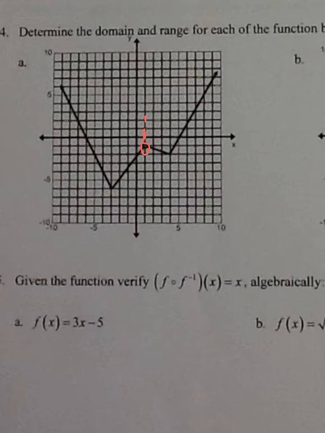All right, so we want the domain and the range. So let's start with the domain. So remember, your domain are your x values. So we're talking about how far to the left and how far to the right it goes. Now, your graph has an arrow at the end of it.